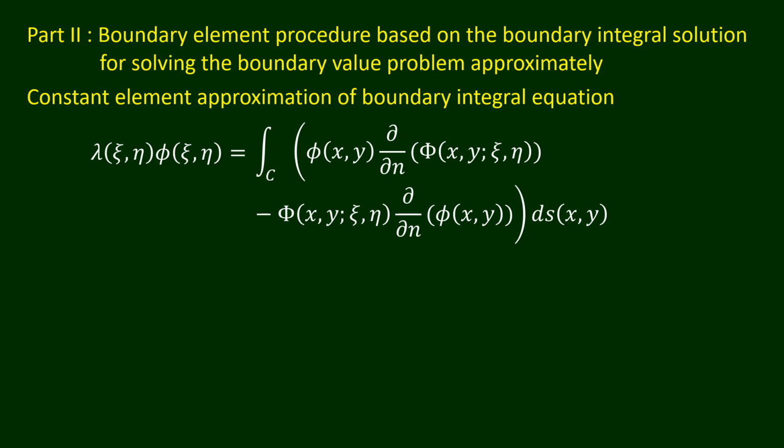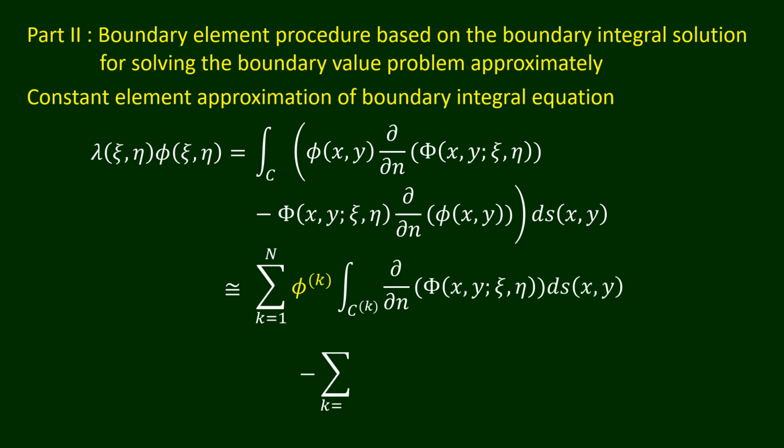Hence, the integral over C is approximately given by sum over k from 1 to n phi k times integral over ck del capital phi over del n ds plus sum over k from 1 to n pk times integral over ck capital phi ds. Since capital phi and del capital phi over del n are given functions, the integrals over ck are known. Analytical formulas for evaluating the integrals are given in the book, A Beginner's Course in Boundary Element Methods.